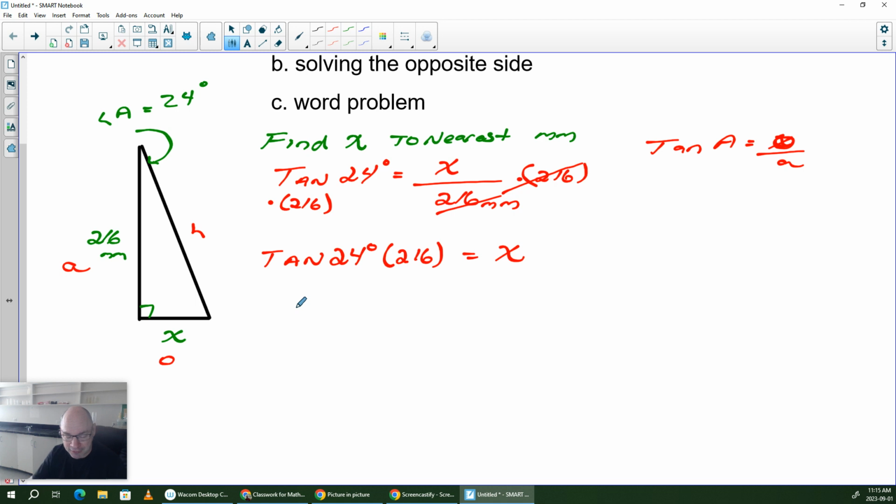If I do that, I get 0.4452, and I'm just leaving that decimal number on my calculator and I'm just going to multiply. You see it went pretty far into the decimals, but that's okay, because we're going to round off at the end, times 216. So I get 96.16.